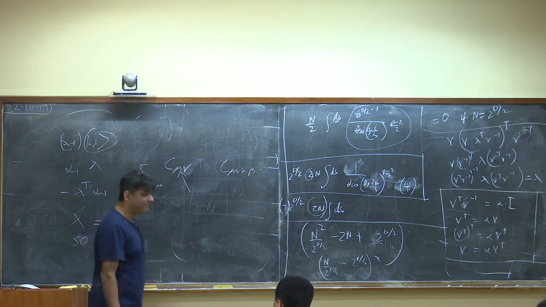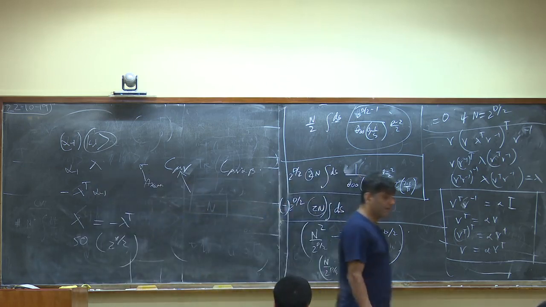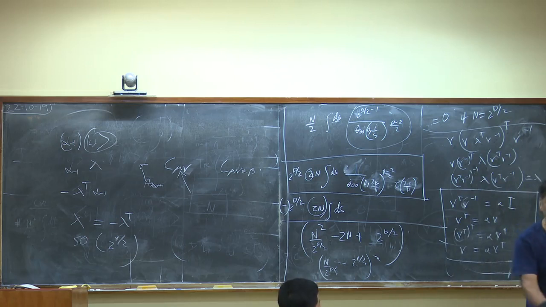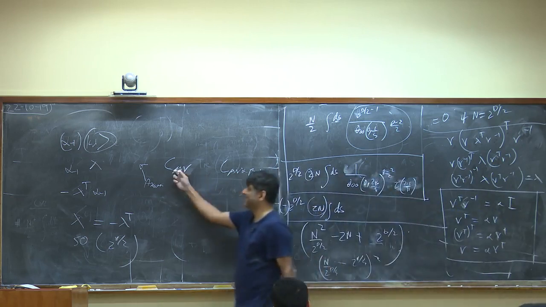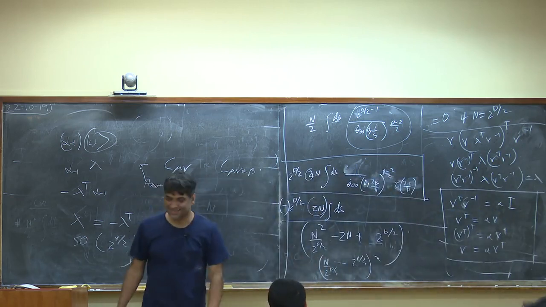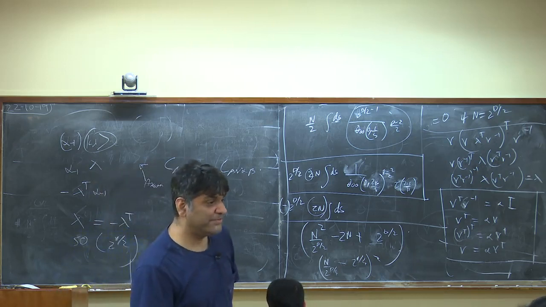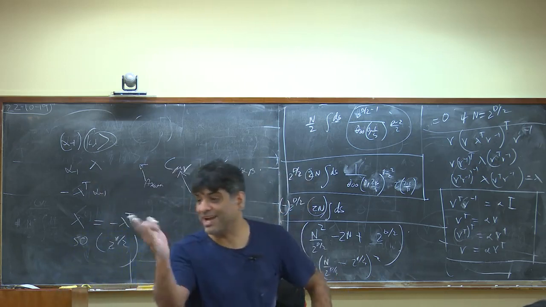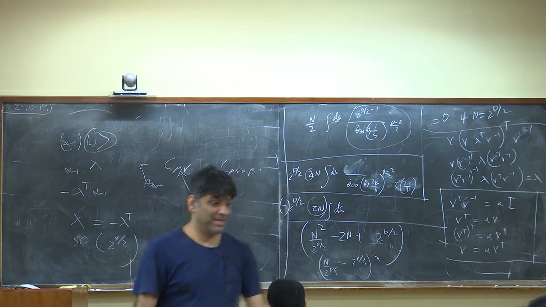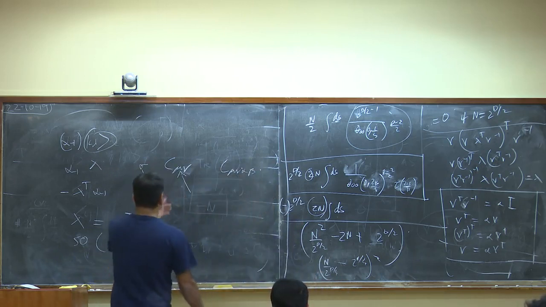Now, every time you've got a 2 form potential, and this 2 form of course comes with an associated gauge invariance, it would be very strange if there was no object that was charged under it. And in this case, there are objects that are charged under it.